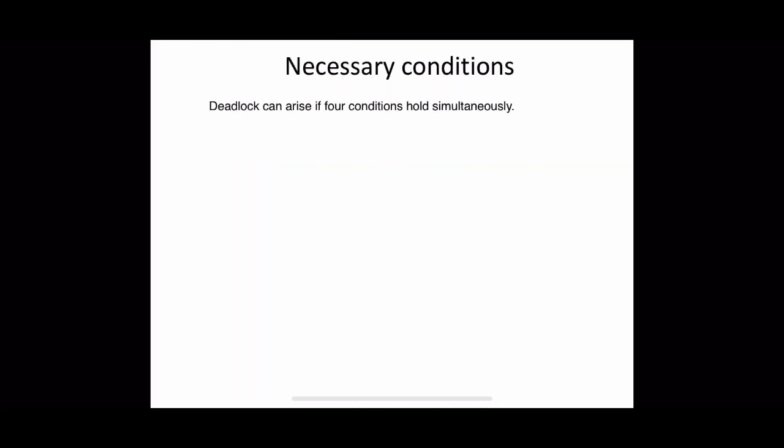Now let us see why this deadlock happens in a system, or what are the different scenarios which lead to deadlock. Typically, if 4 different conditions hold simultaneously in a system, it may lead to deadlock. Let us see what the 4 conditions are. First one is mutual exclusion.